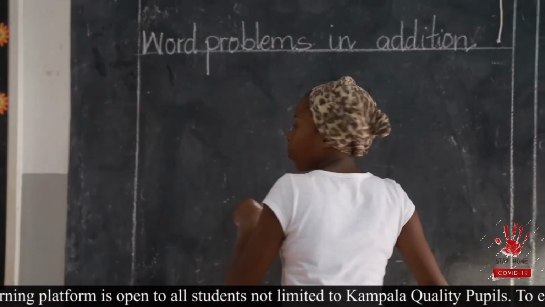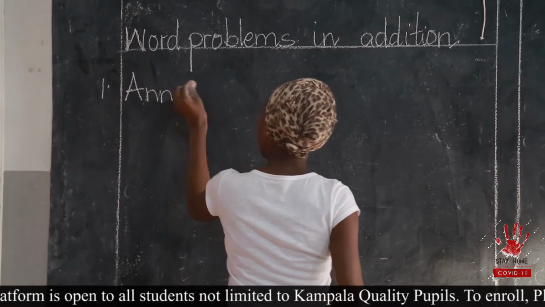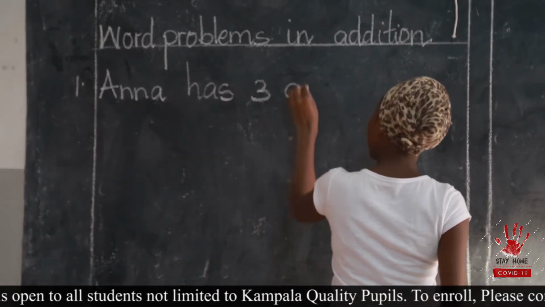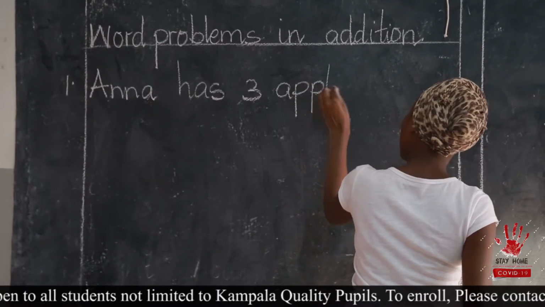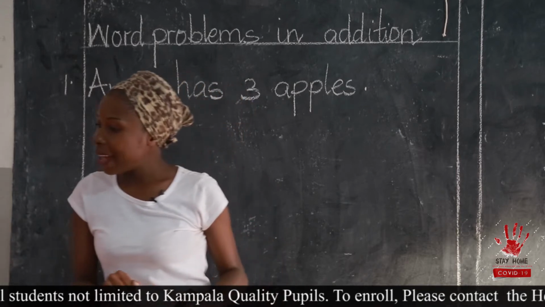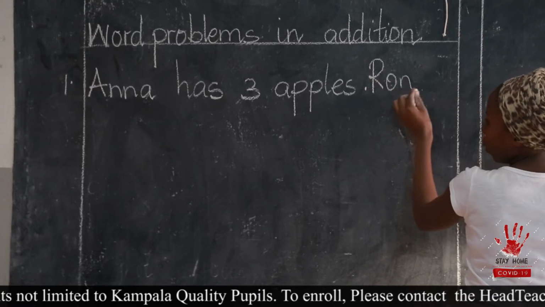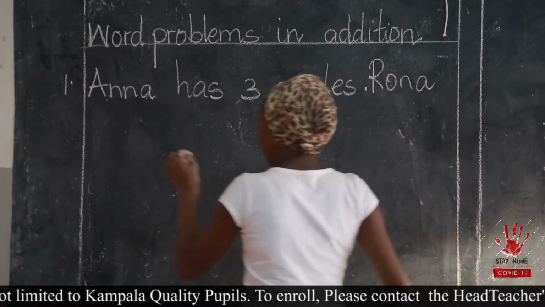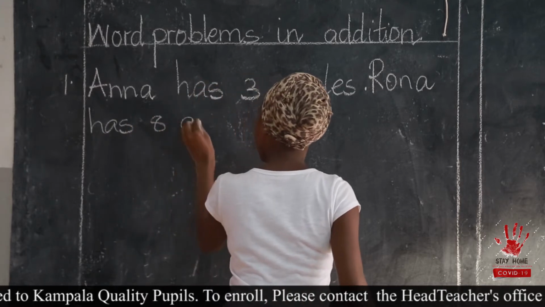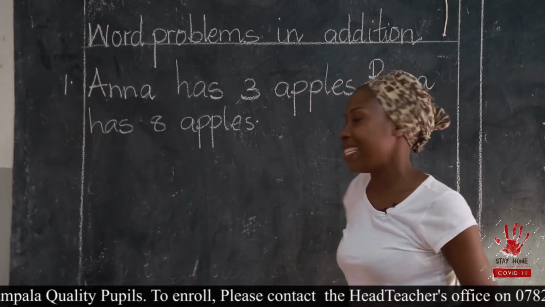Anna has 3 apples. That is Anna. Rona has 8 apples. I think Rona is Anna's friend. And then our problem is here.